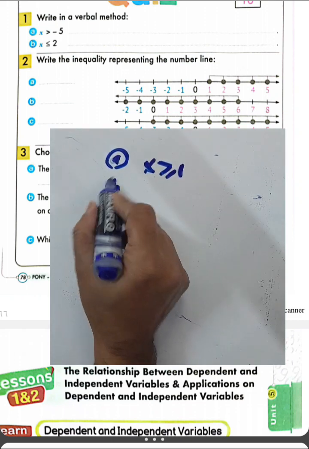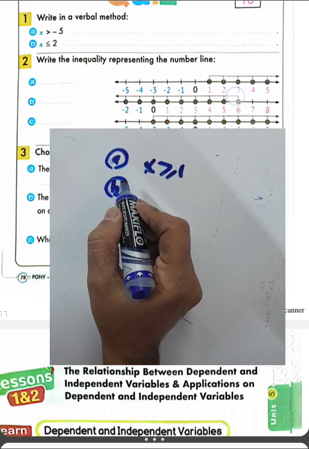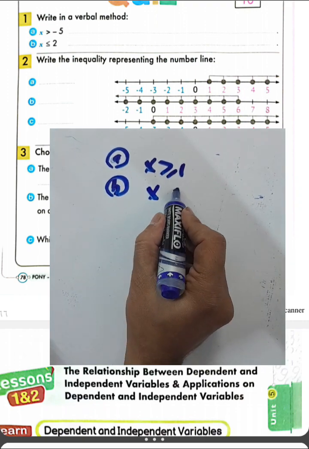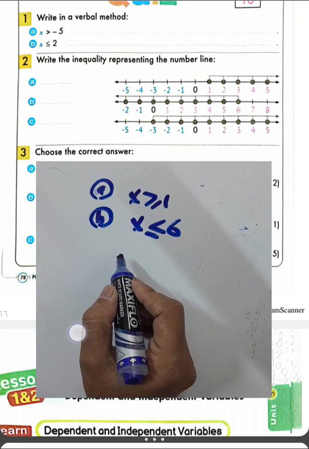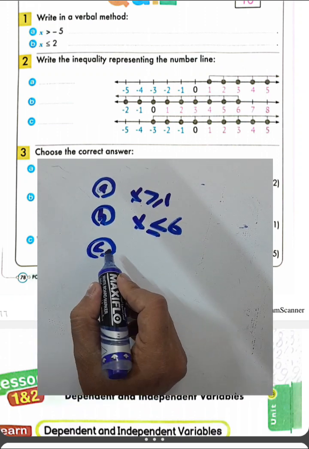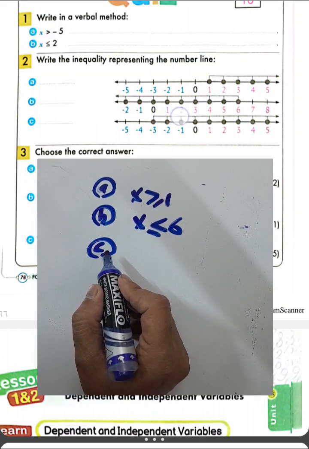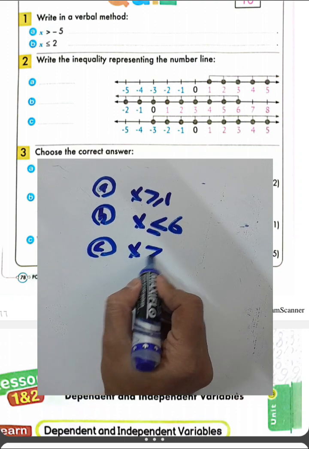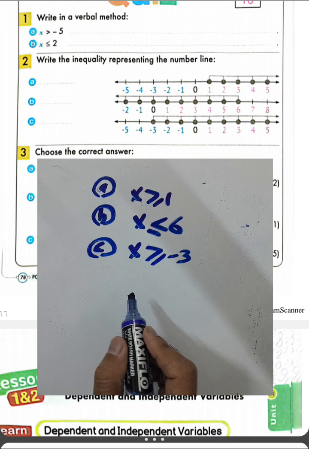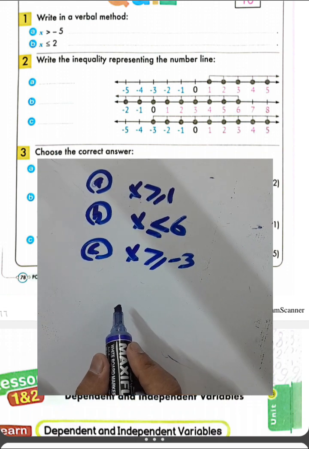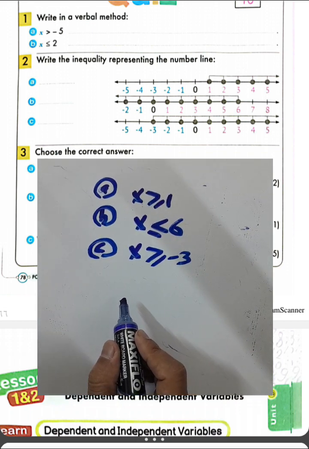Letter B. 6, 5, so x less than or equal to 6, going to the left-hand side. Letter C. Negative 3 to negative 1, x greater than or equal to negative 3, because we moved to the right-hand side. Understood? It's inequality, about this example.